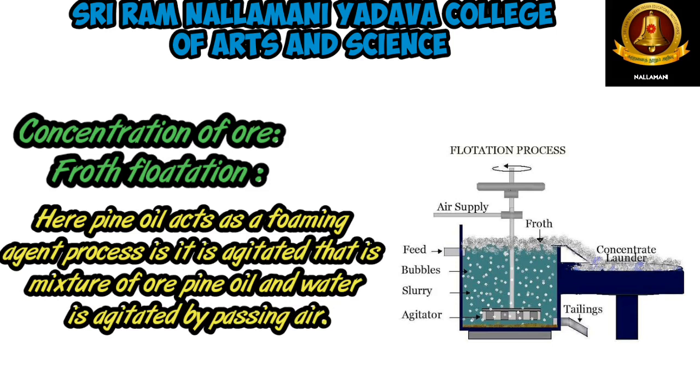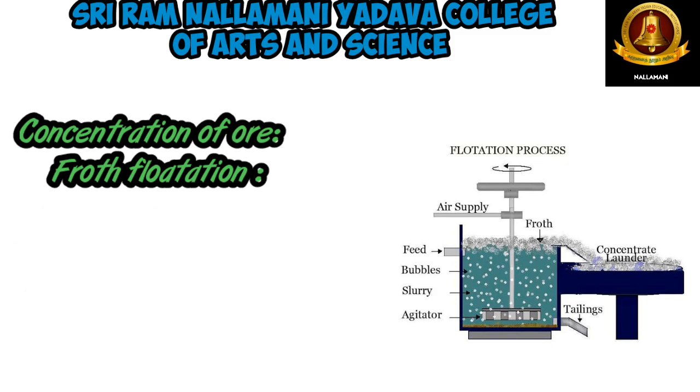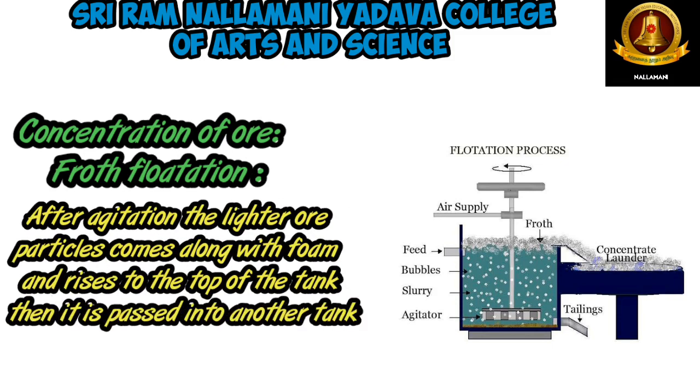The mixture of ore, pine oil and water is agitated by passing air. After agitation, the lighter ore particles come along with the foam and rise to the top of the tank.